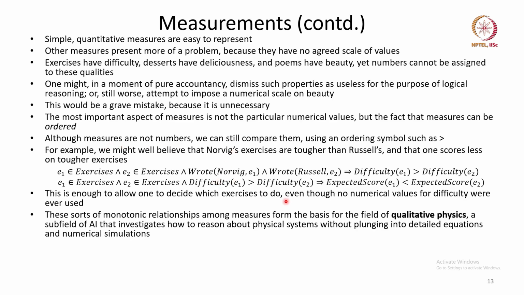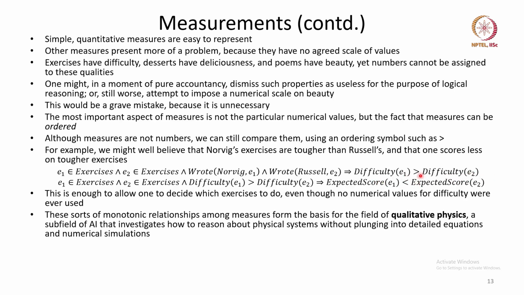Here is one example given by Russell and Norvig. You have exercises given in the book, say E1 and E2. If E1 is an exercise and E2 is also an exercise, one of them written by Norvig and the other by Russell, then the difficulty of E1 is greater than the difficulty of E2.